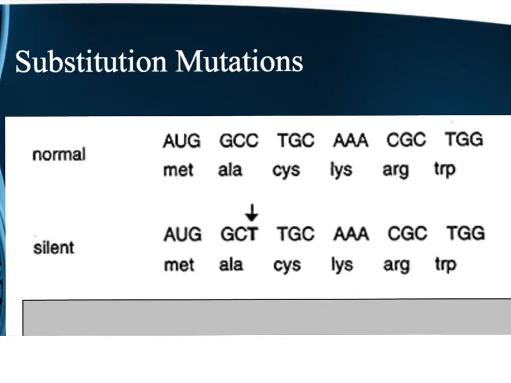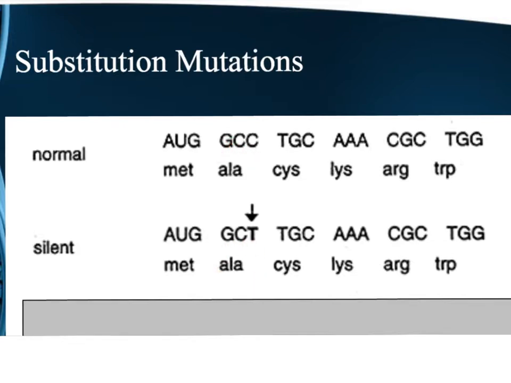Now, other times, like the girl in the video who had sickle cell anemia. Sickle cell anemia is caused by a substitution mutation, and alanine is switched with a different amino acid, let's say.